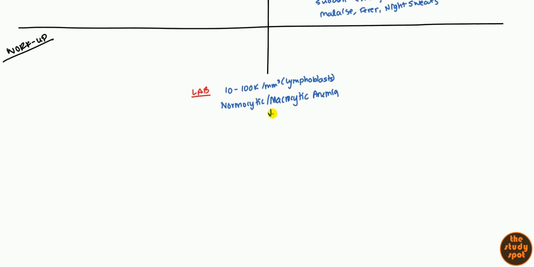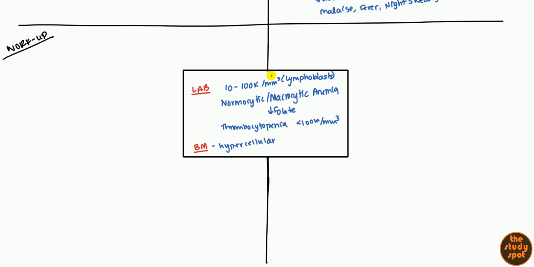Macrocytic anemia is generally caused by low folate, because it's producing a lot of those lymphoblasts, and that's going to use up all the folate, so you don't have any left over for making red blood cells, finally leading to a macrocytic anemia. Both of them will have thrombocytopenia of sometimes less than 100,000 per millimeter cubed. And if you do a bone marrow aspiration, both of them will be hypercellular. So again, these are findings related to both of them.